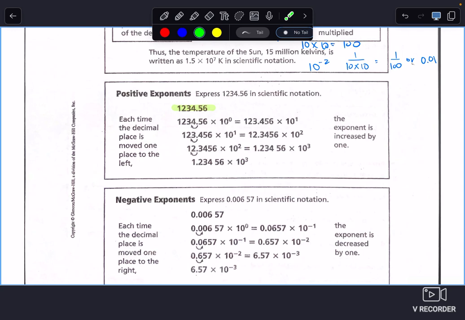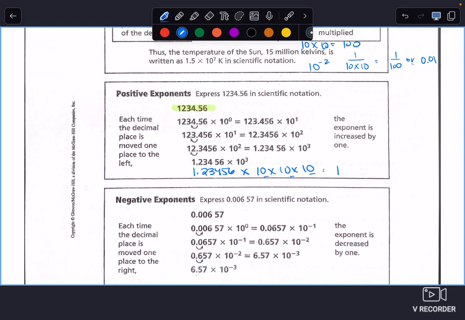And so what this really is, is 1.23456 times 10 times 10 times 10, which is 1,000. Or move the decimal over 3, because that's what happens when you multiply something times 1,000. Or 1 decimal place for each 0, for each 10. So each 0 in the power of 10.